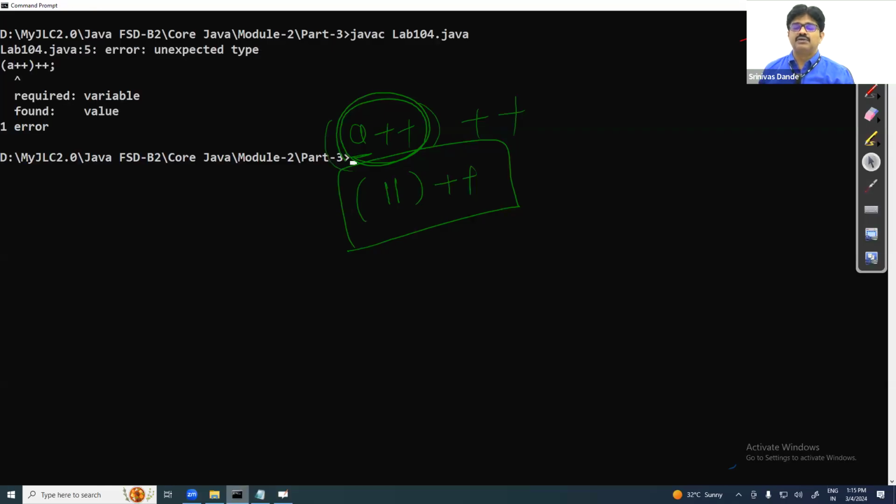Compile it. Unexpected type. We have seen a similar error previously. What is required? Variable required, but found is value. Wherever a++ is there, the first a++ gives 11. 11++ value is found, but required is a variable. 11++ not allowed.